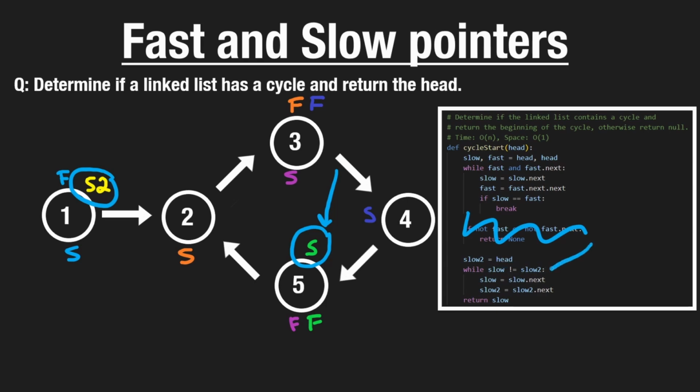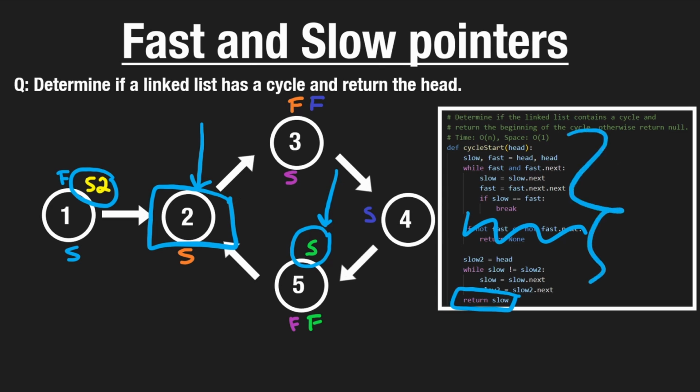We know they will eventually intersect and that they will intersect at the head of the cycle. And when that happens, we return that head. So that's the algorithm itself.